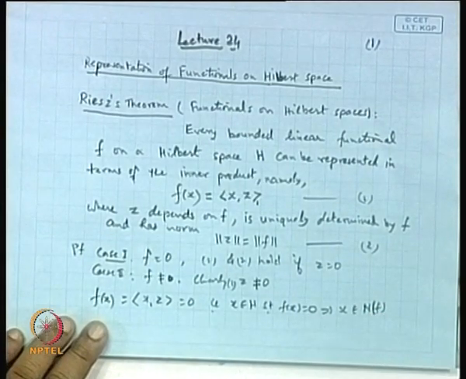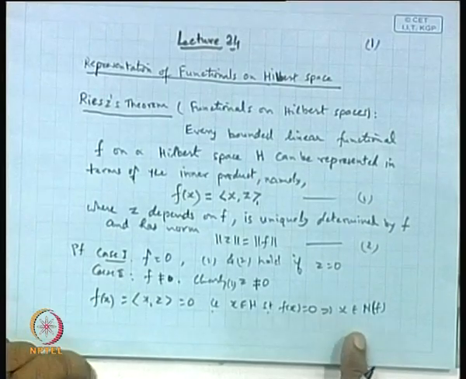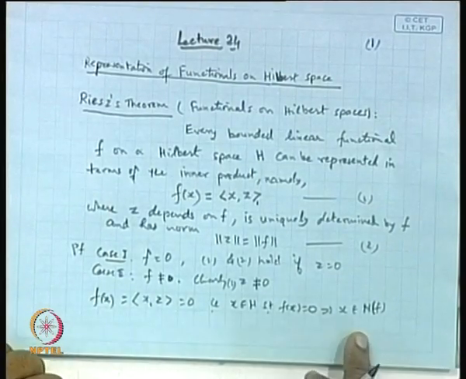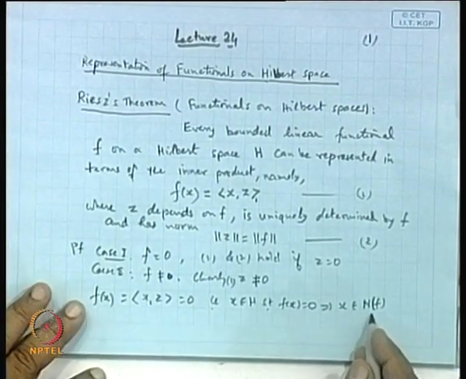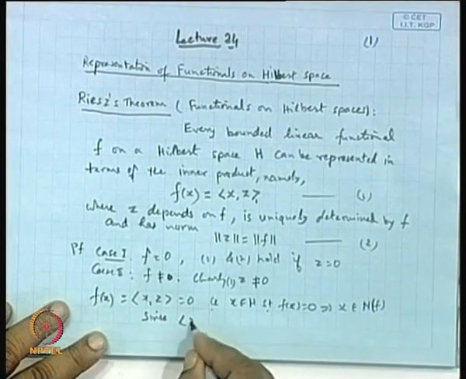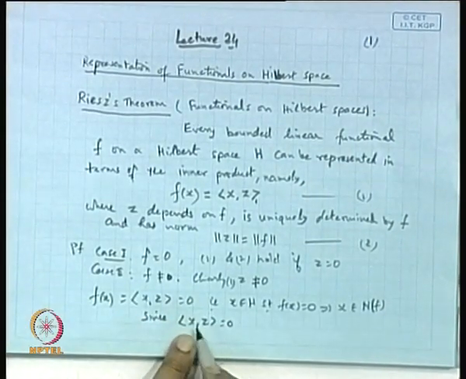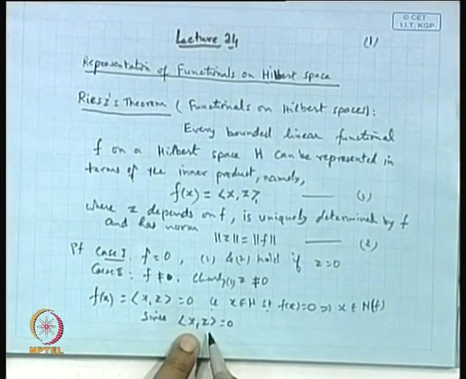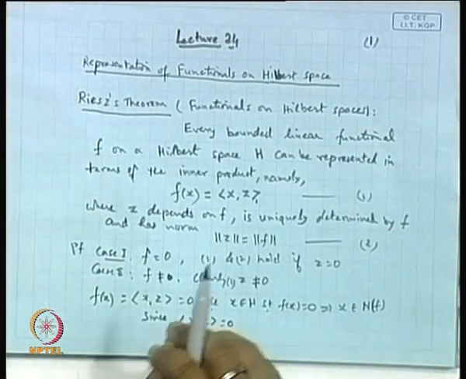Okay. So, that z where it is 0, we get the null space of f. Now, this null space x is in the null space. The inner product of x and z is 0. If the inner product of two non-zero vectors is 0, then the only possibility is that z must be orthogonal to x.